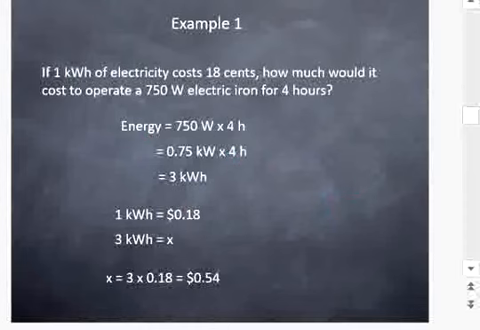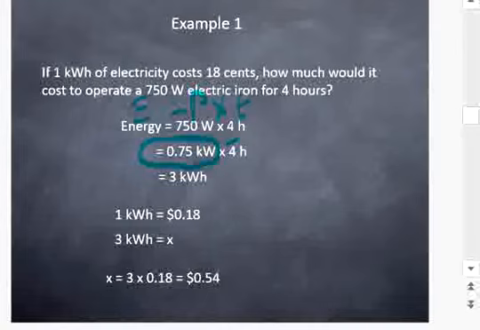So we have an example over here. If 1 kilowatt hour of electrical energy costs 18 cents, how much will it cost to operate a 750 watt electric iron for 4 hours? If we use the formula E is equal to P times T, we substitute the watts and 4 hours. We need to convert into kilowatts.